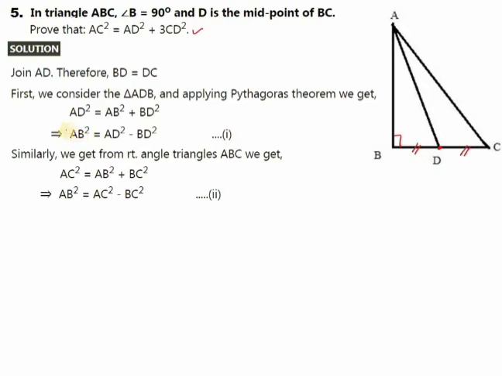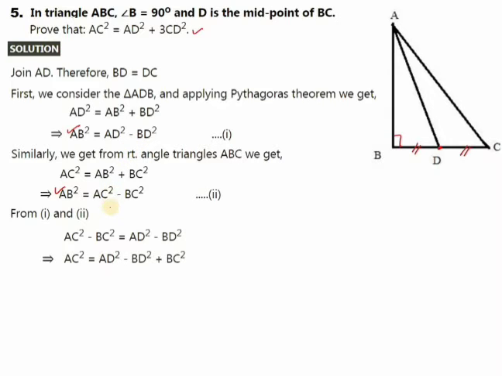Now see, we have AB square here, and here also we have AB square. So using 1 and 2, can I say that the right hand sides are equal? Because in the left hand sides we have AB square, the right hand sides will be equal automatically. So we have AC square minus BC square is equal to AD square minus BD square.